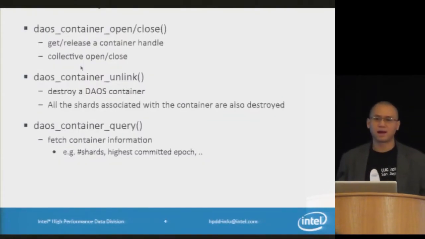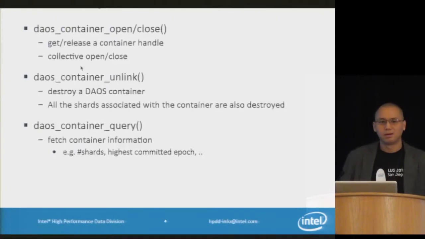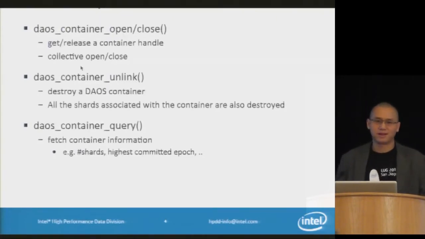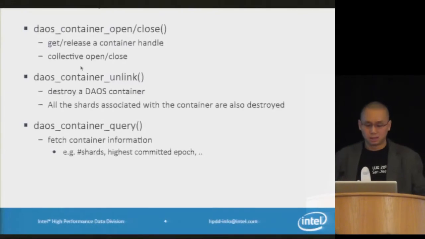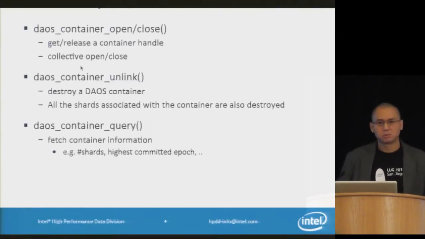These are the major APIs we provide for container operations. The first is DAOS container open. The user can provide a path in the POSIX namespace, and then this function will open or open-create a container. On completion of this function, it will return a handle.